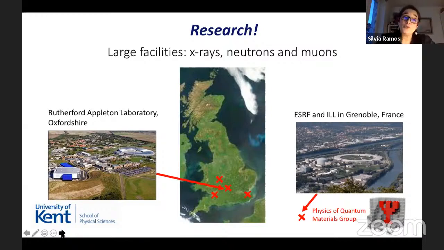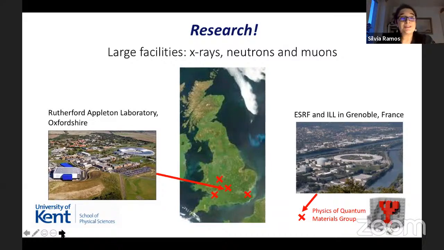And from there, I moved to the Rutherford Lab in Oxfordshire, where they have another 2 of these coupled types of buildings. So you can see on the left-hand side, another ring-shaped building. That's another synchrotron, that's the X-ray place, and that's where I used to work.